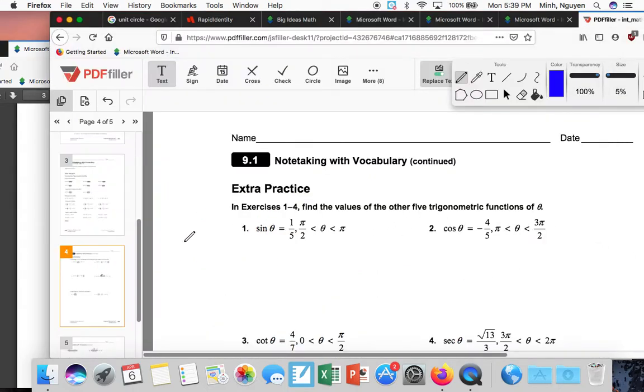So if sine of theta is 1/5, then I can go ahead and say cosecant is 5/1, or just 5. Voila, how easy, right?